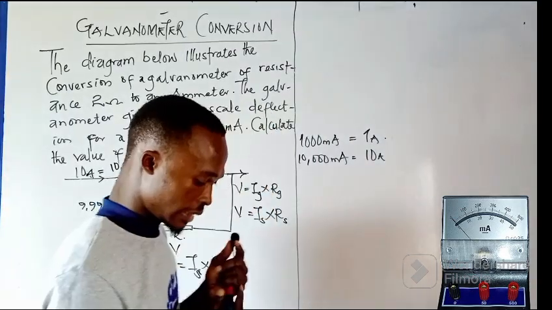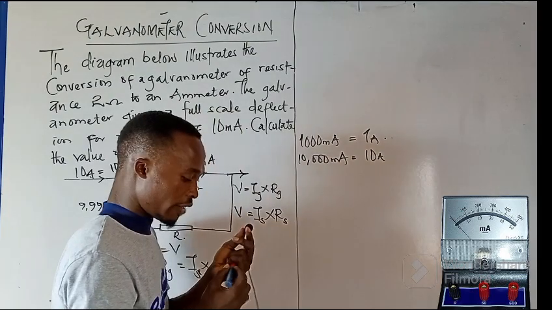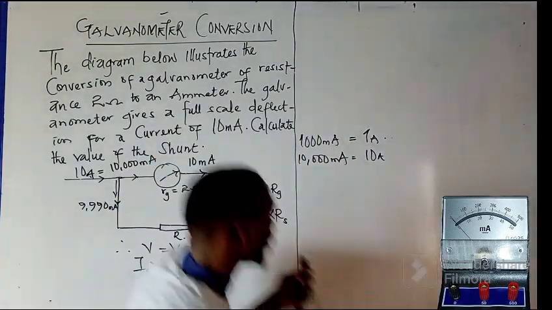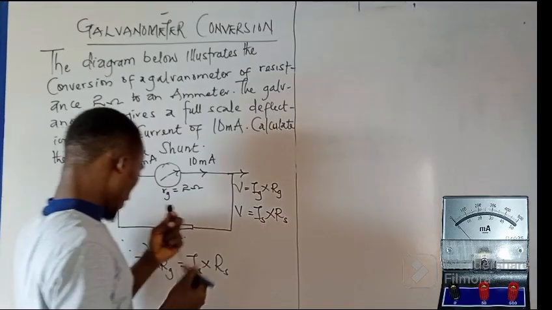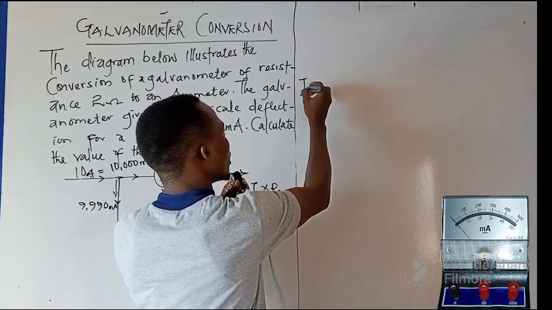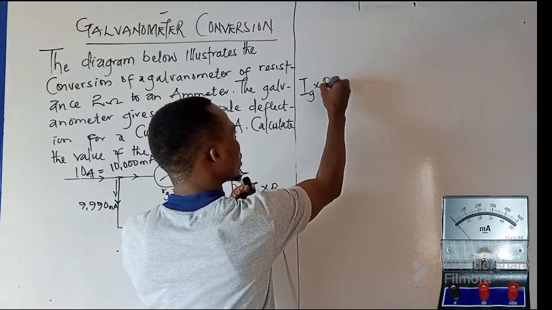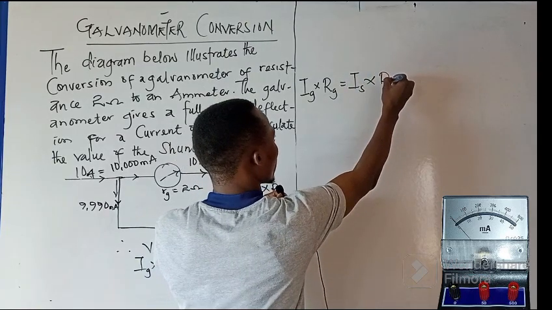Let's just manage what we have here. We have the current of the galvanometer times the resistance of the galvanometer equals the current of the shunt times the resistance of the shunt.